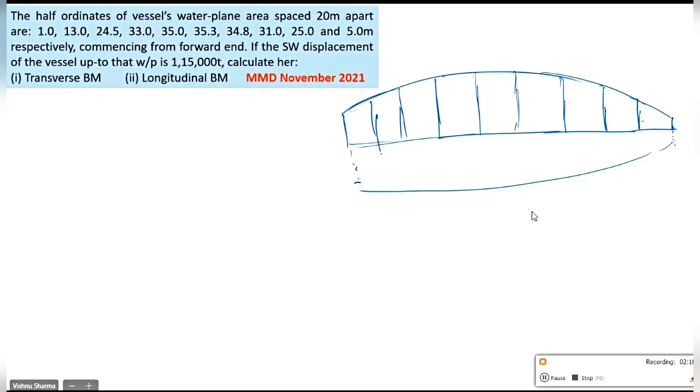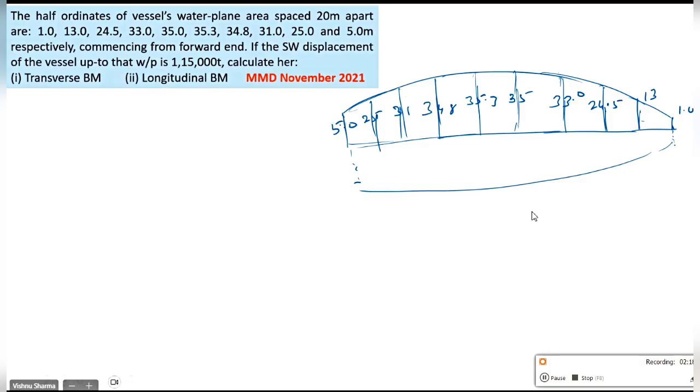Okay. This is 1, 13, 24.5, 33, 35, 35.3, 34.8, 31, 25, and 5.